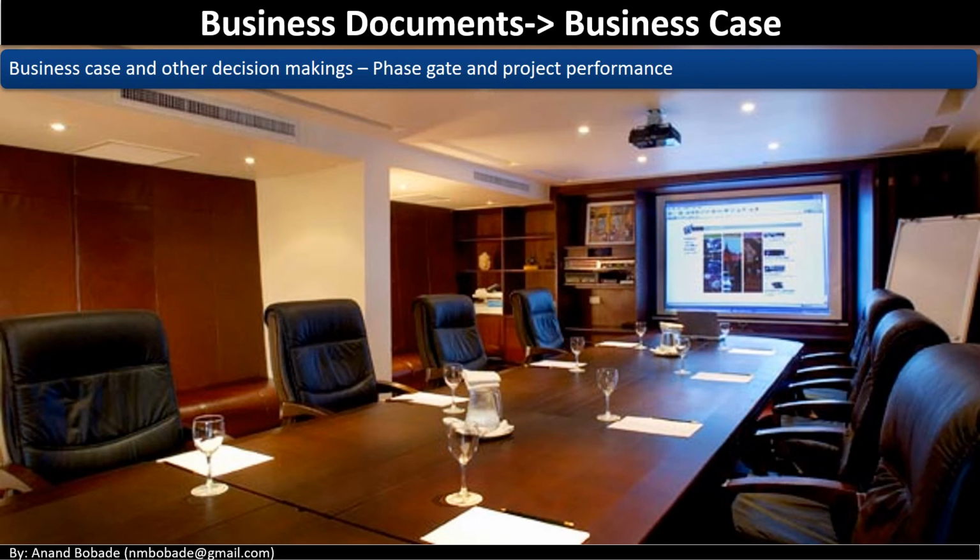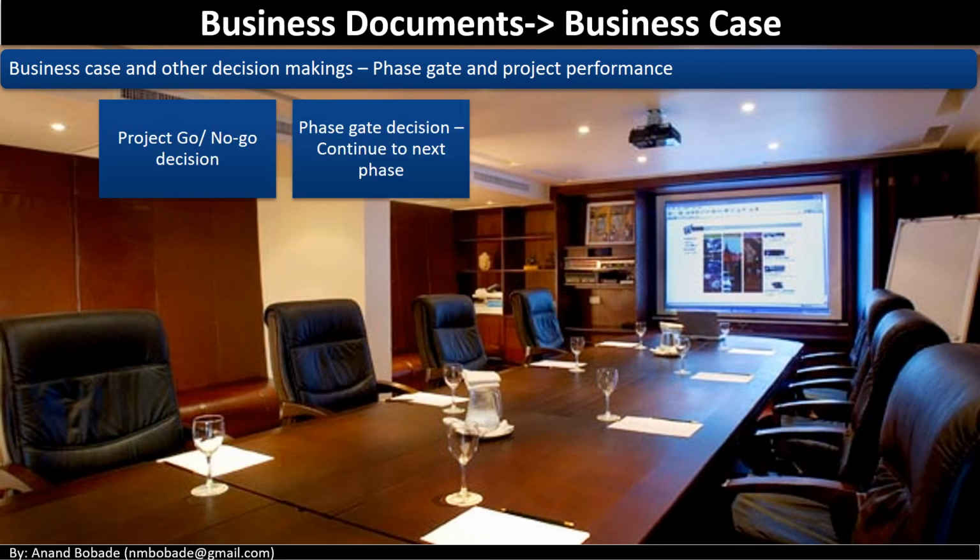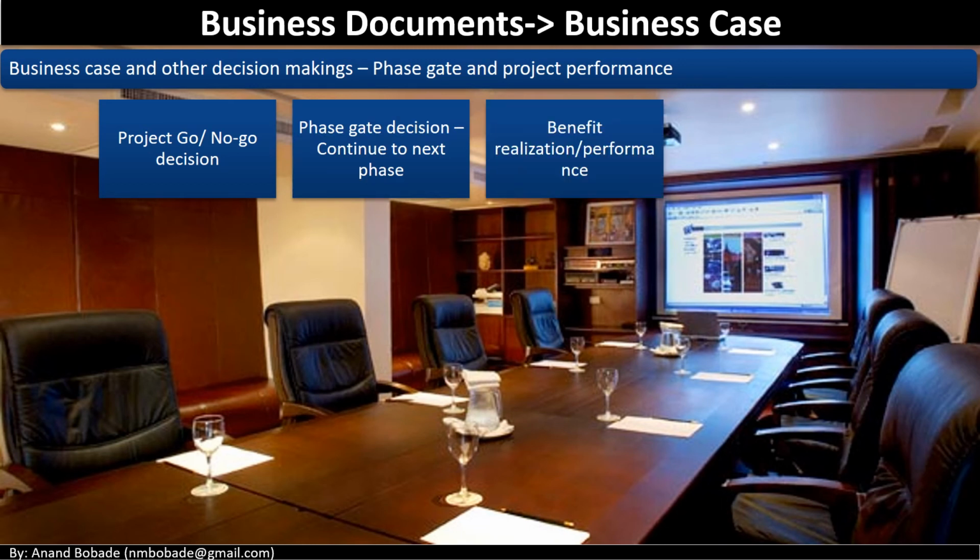Business case and other decision making, like phase gate and project performance. There are various decisions made during the course of project execution. You may come across project go/no-go decisions, phase gate decisions, whether to continue to the next phase of the project or not, and benefit realization and performance related decisions.